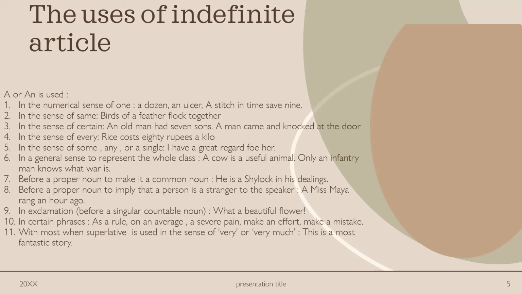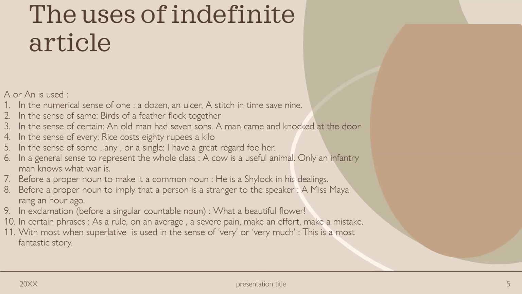In the sense of certain, that is, an old man had seven sons. A man came and knocked at the door. Here you mean a particular man. So in that sense of certain, you use the indefinite articles.